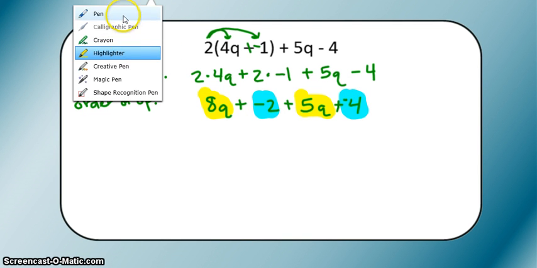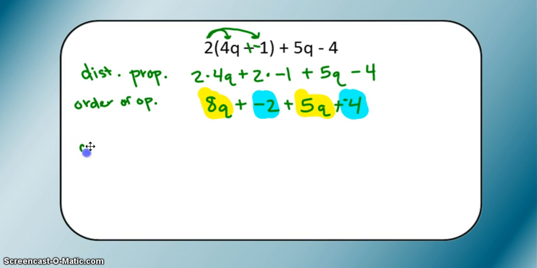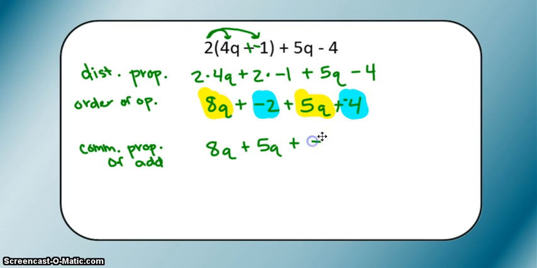So I'm then going to use my commutative property of addition and switch these around so that my like terms are next to each other. So I get 8q plus 5q plus negative 2 plus negative 4. I then use my associative property of addition and group them together.